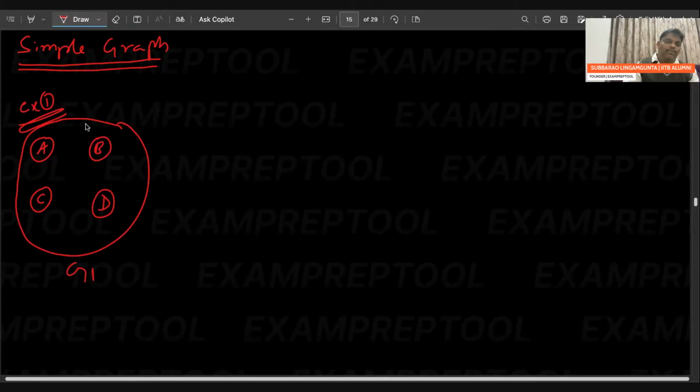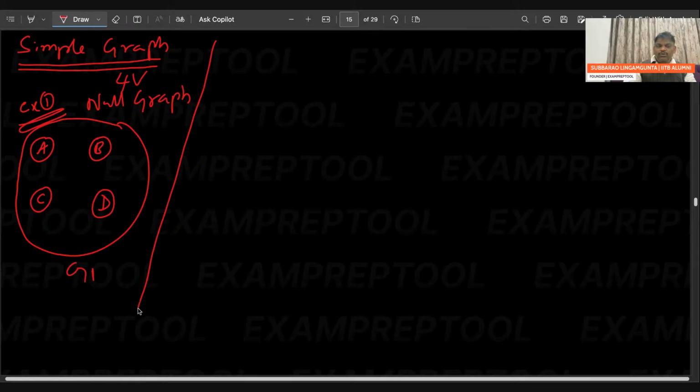This simple graph is normally called a 4 vertex null graph. Why is it called a null graph? Number of edges are 0. Null graph means number of edges is 0.